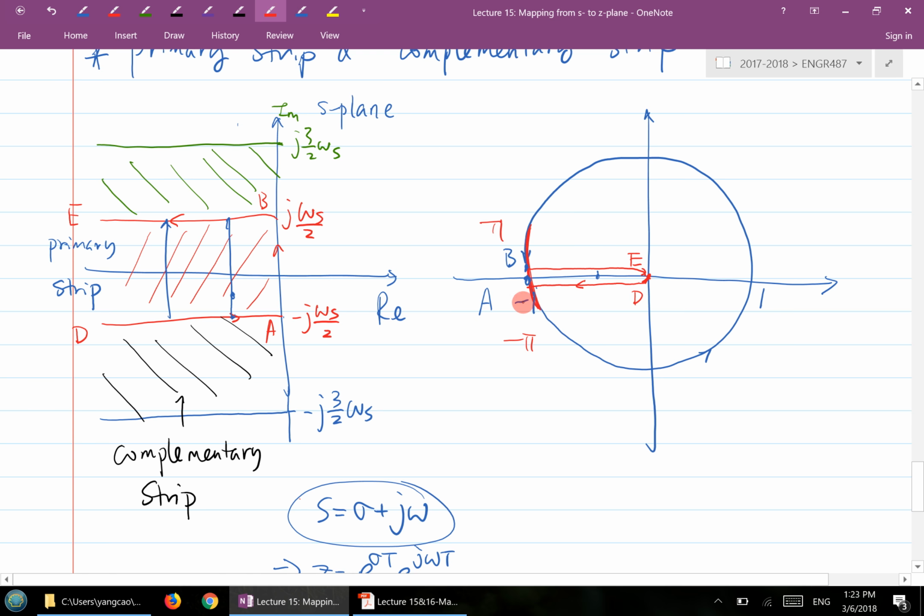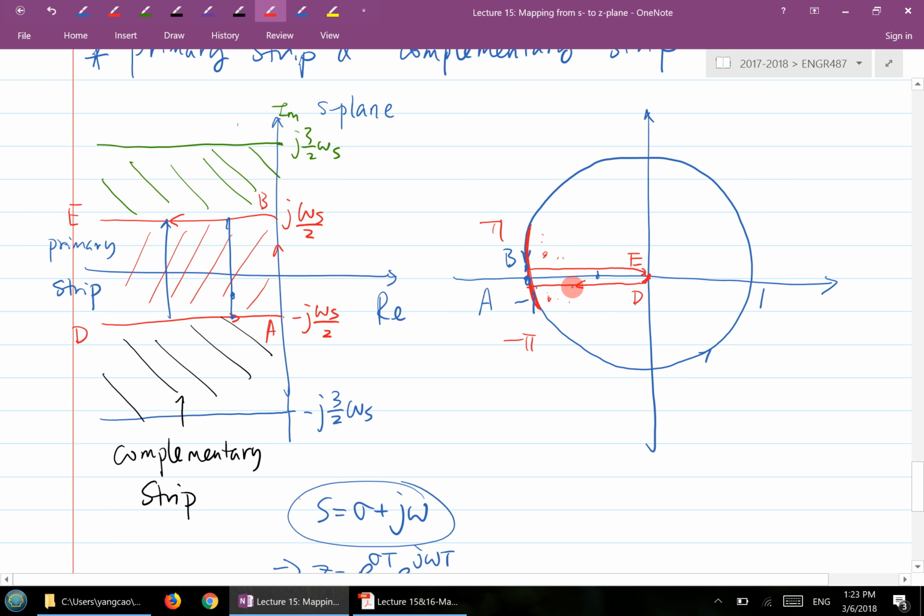Okay? So this region is close to positive negative pi, right? Which basically means if you have a pole in the z-plane that's close to this region, it doesn't have to be exactly on the unit circle. It can be anywhere here, right? But as long as it's covered by that region, then you should expect that pole will result in a higher frequency in the response, right?